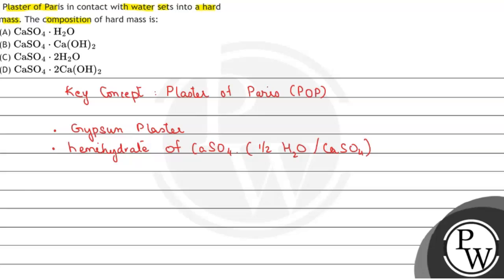तो इसका अगर formula देखें तो as we have said, it is a hemihydrate of calcium sulfate. So it will be CaSO4 half H2O.